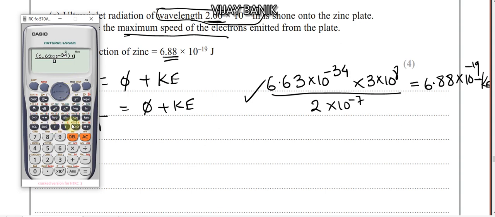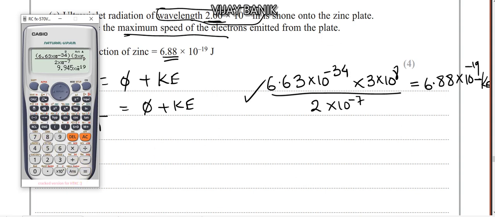Now, 3 into 10 to the power 8, close bracket, divided by 2 into 10 to the power minus 7.